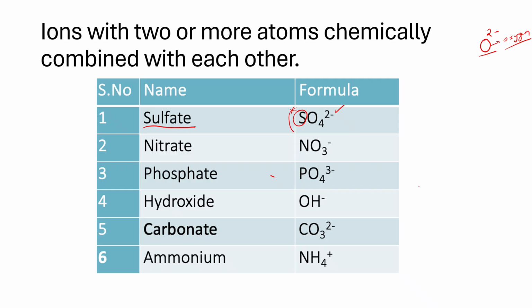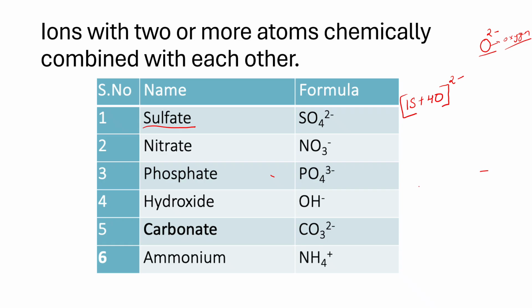It's carried by both of them collectively. So a single sulfate ion is essentially one sulfur combined with four oxygens, and this entity carrying a charge of 2 minus. That is how you should understand polyatomic ions.